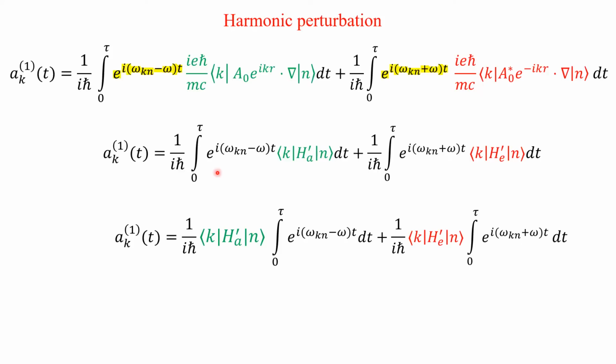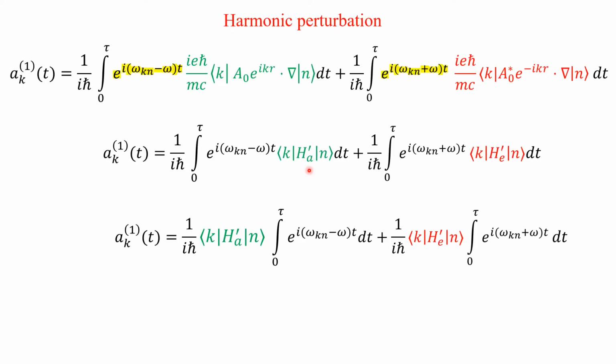Here what I am going to do is change the notation. After all, this is a change of notation. You take this green color bond one. I am going to represent this hereafter as k H prime a n. This a represents the absorption.